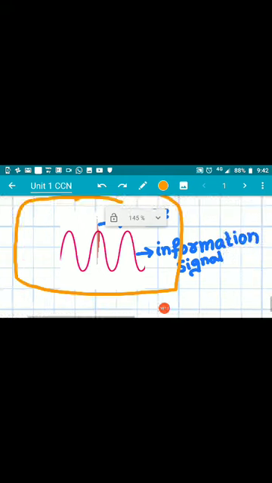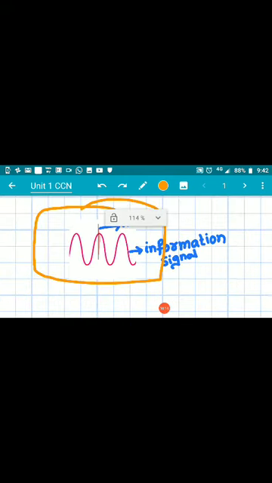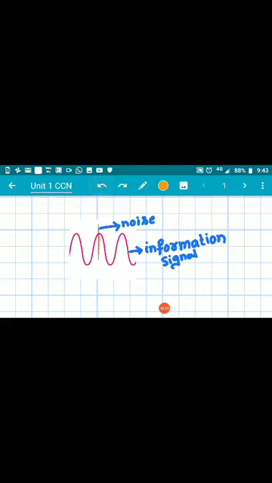Whichever signal is not required is what we generally call noise signal. To avoid the effect of noise signal, we need to protect this information signal. If we do not protect it, the information signal will definitely be affected by noise and interference. To avoid that effect, we make use of modulation.